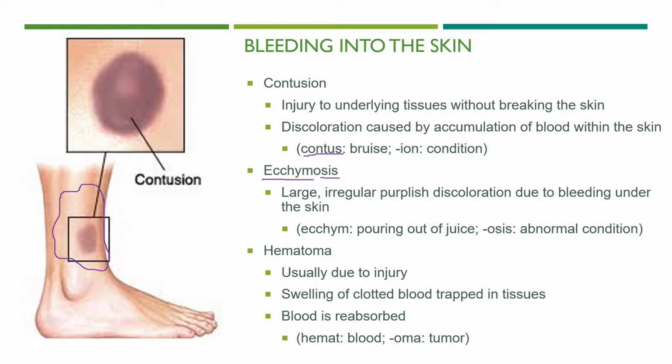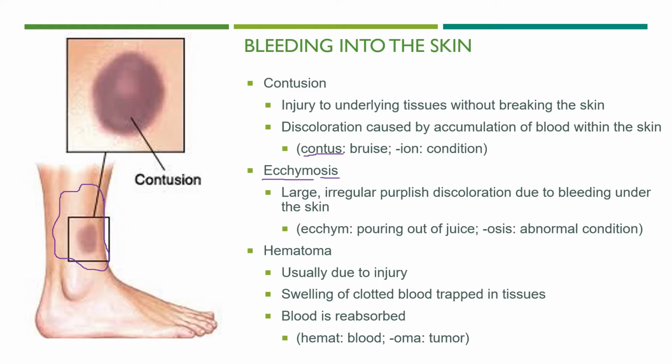You also see it a lot in our elderly population as they lose the connective tissue, that adipose tissue underneath the skin in that subcutaneous layer. It gets smaller, it gets narrower, and then as a result, the blood vessels can leak out into the skin.